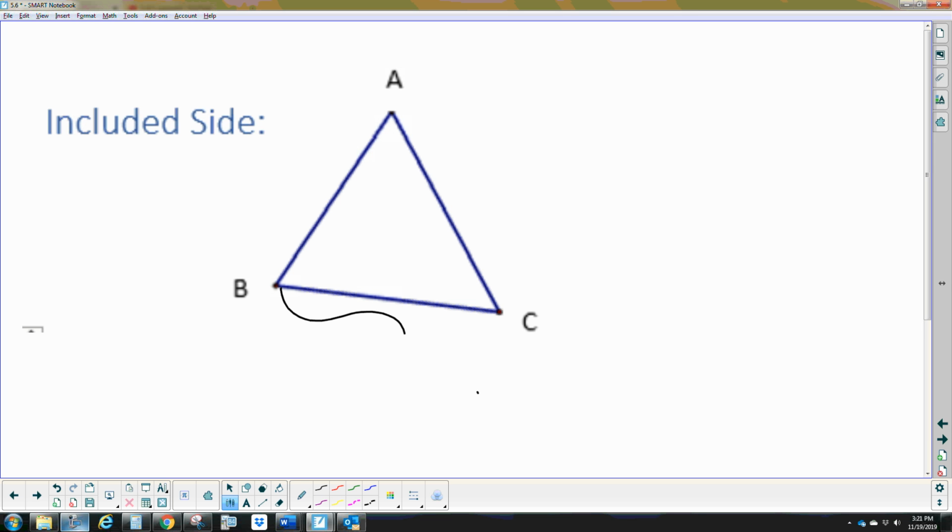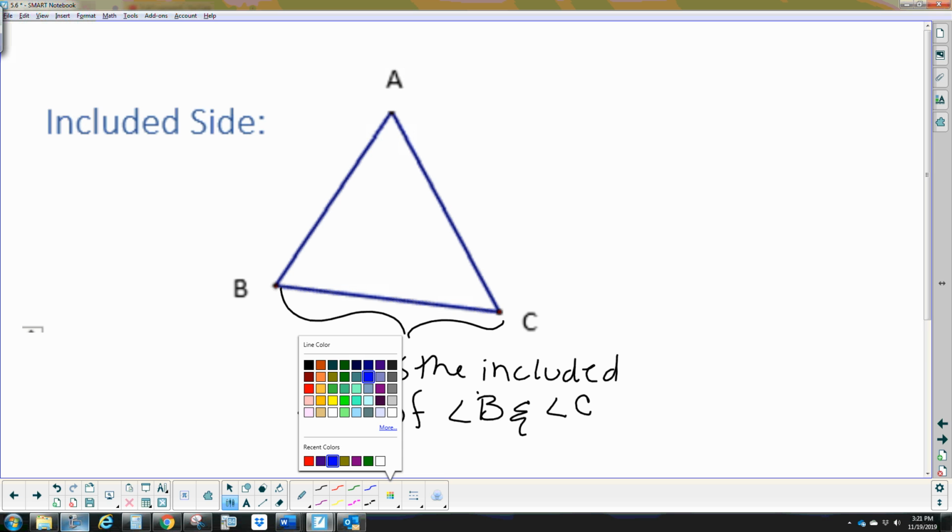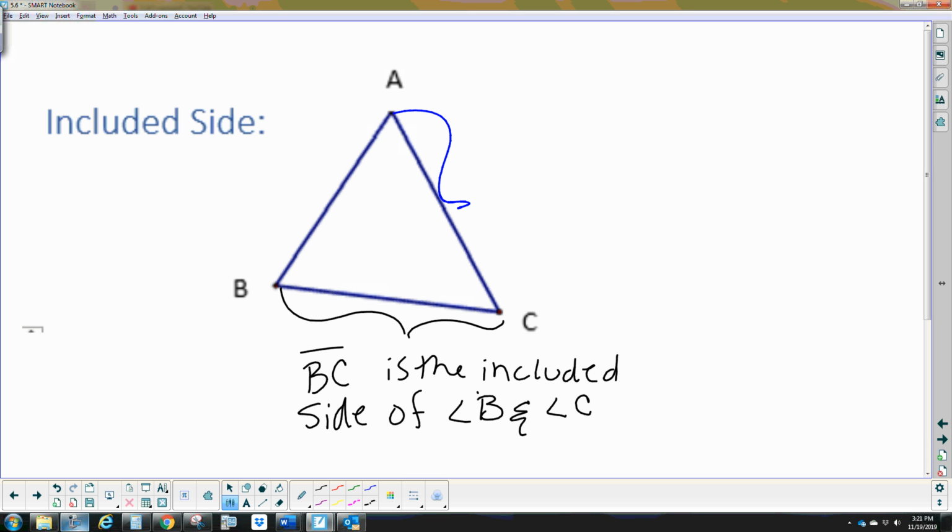So for example, here, BC is the included side of angle B and angle C. This side right here, AC, would be the included side of angle C and angle A.